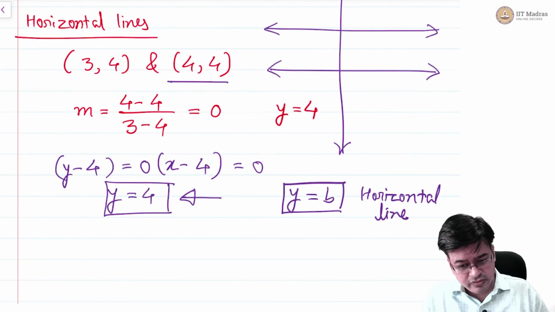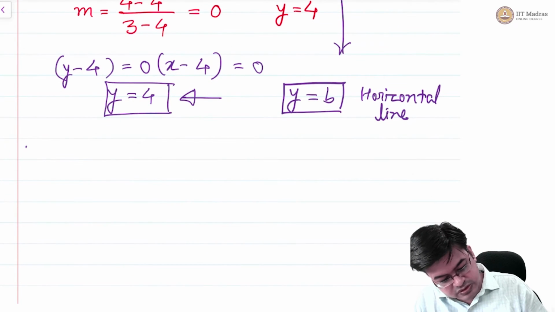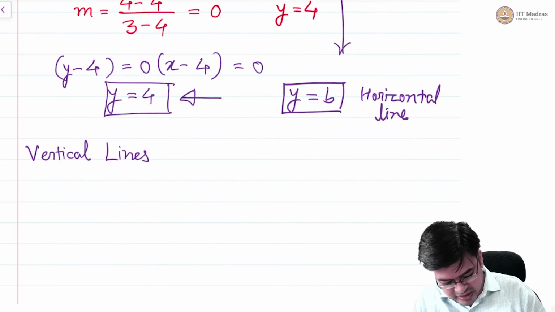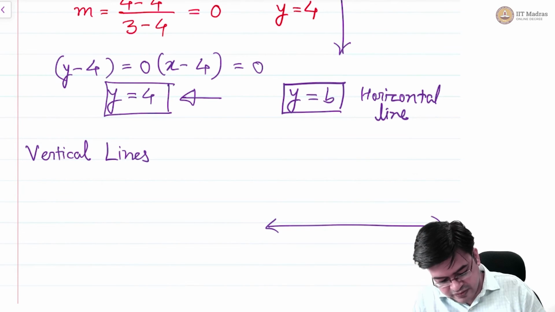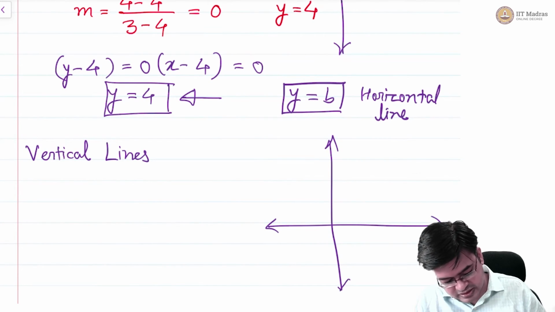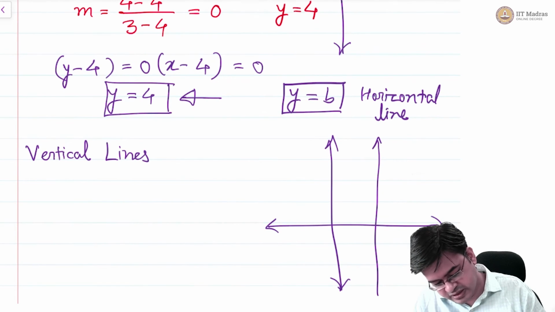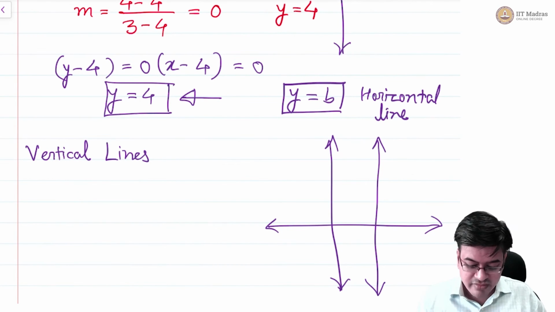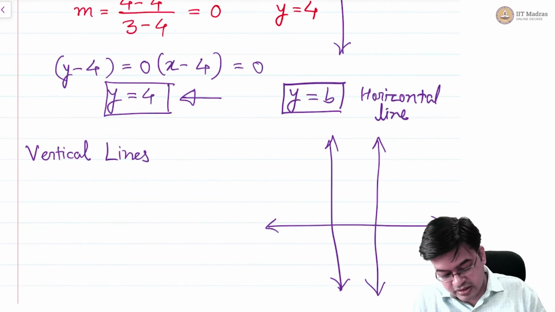Now what are vertical lines? If a line can be parallel to the x axis, can it not be parallel to the y axis? So if the line is drawn on the xy axis, and if the line is parallel to the y axis, then naturally this line will be called a vertical line. And what will be the equation? From this you can derive the analogy.